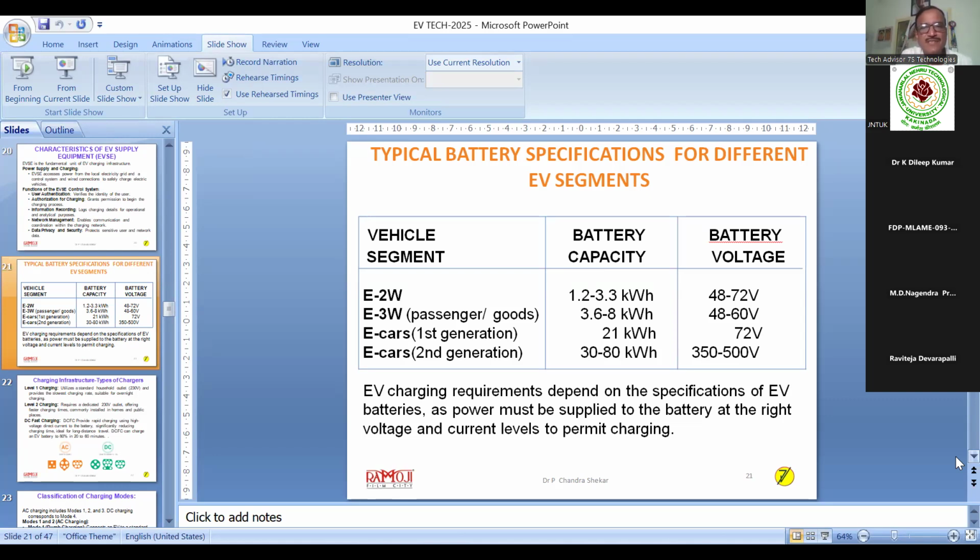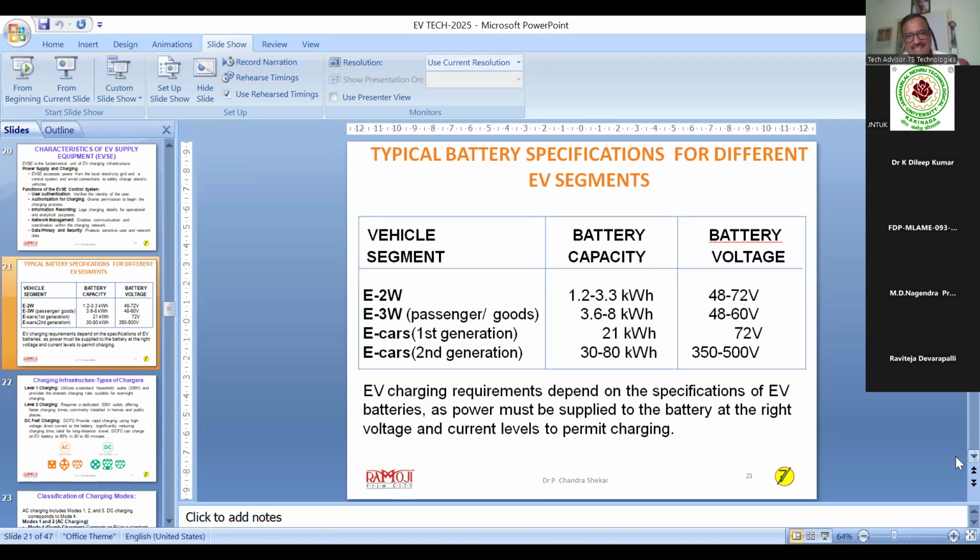Then the cars: first generation cars were using 72 volts. Now the second generation cars use 350 to 500 volts. Imagine why they are using such high voltage. Here the idea is: higher the voltage, lower the current. So the conductor size will be minimal, and current heats up the conductors.